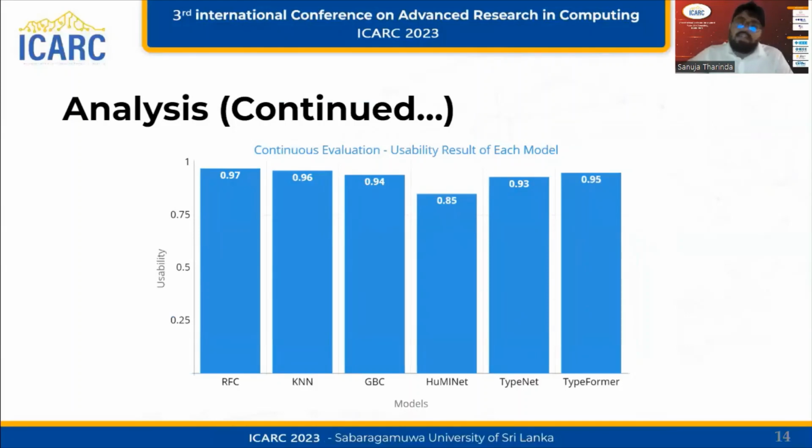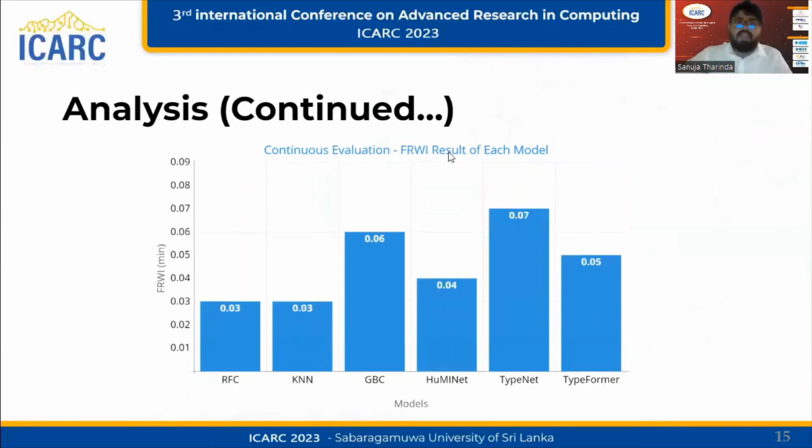As you can see, here random forest achieved the best results. KNN, GBC, and Typeformer have also achieved closer results. Now let's look at FRWI results. As you can see, RFC and KNN models achieved the best results. KNN and Typeformer have also achieved close results.